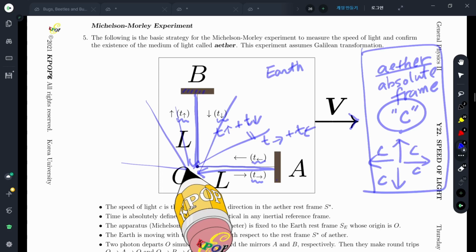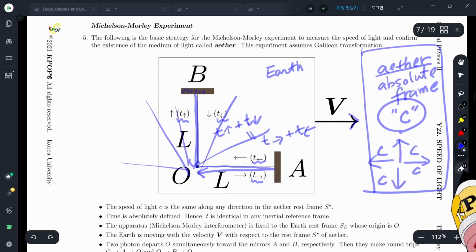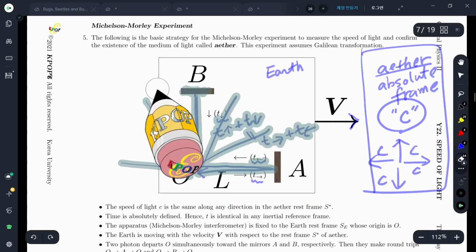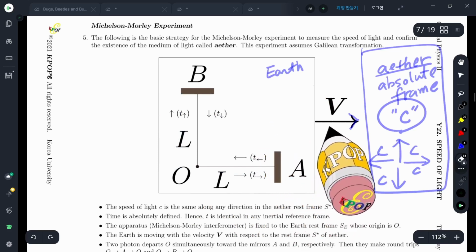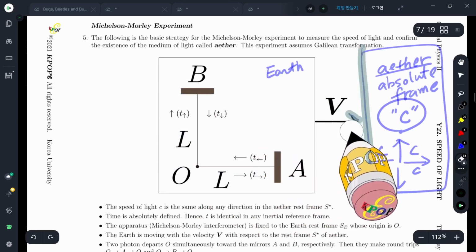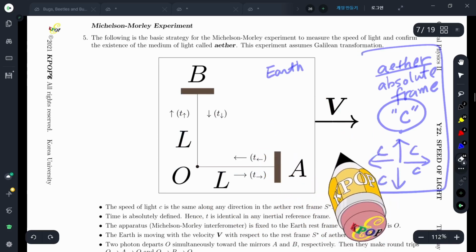Finally, they didn't find any difference between the two paths. So we do not have to consider all possible directions.